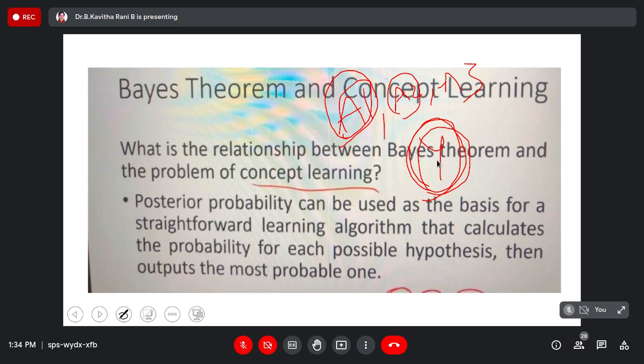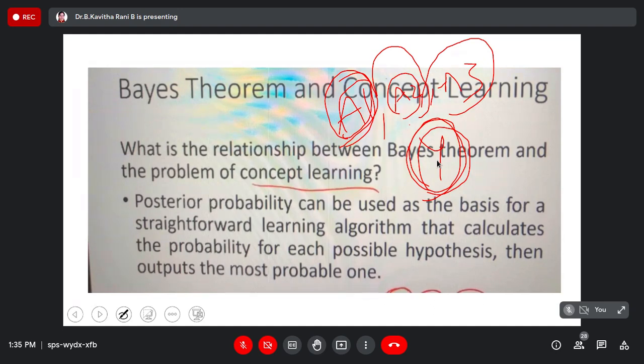Weights that we assign to the attributes. So here, if you take A1 is playing a major role, so we give high weight. A2 is playing a moderate role, so we give a small weight. And if you take the A3 attribute, it is not playing any role, so we will eliminate it, or we may give less weight.